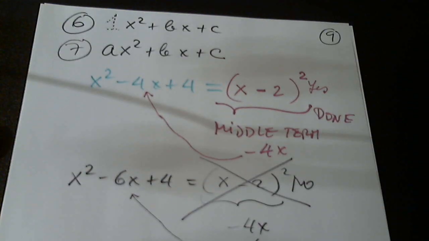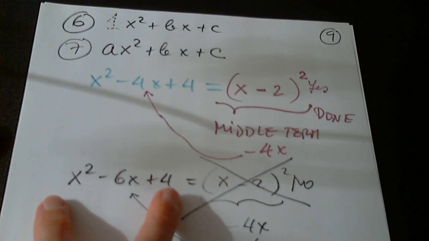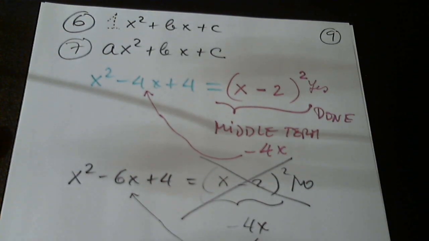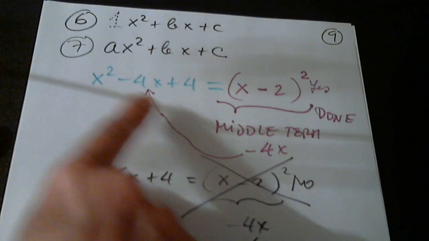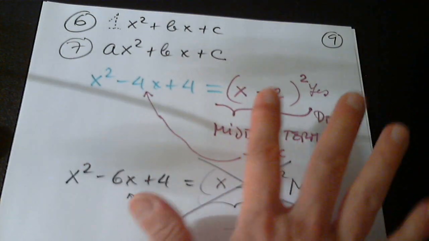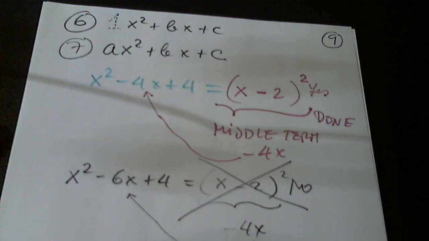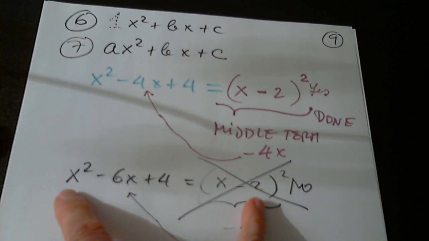No, that's not the factored form. I cannot fall into that trap. Just look at the first and the last terms. That's not good enough. I have to check the middle term. If it works, I'll say yes, it did. If it doesn't, I'll say no, that's not the factored form. They have to be identical.